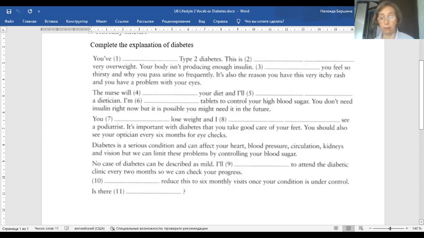"You've insulin type of diabetes." But this form shows that we have the present perfect form of some other verb, maybe the same one. So we need to think of a different verb here, not "have".